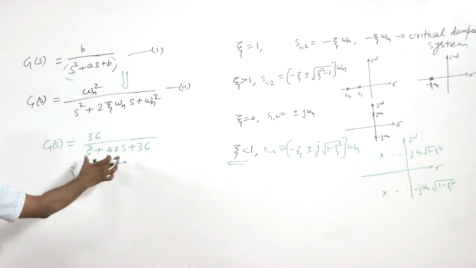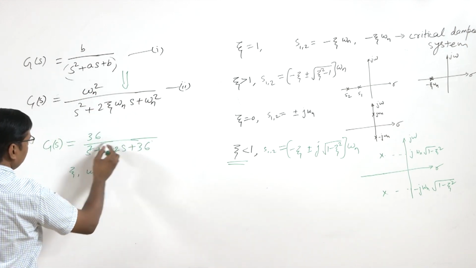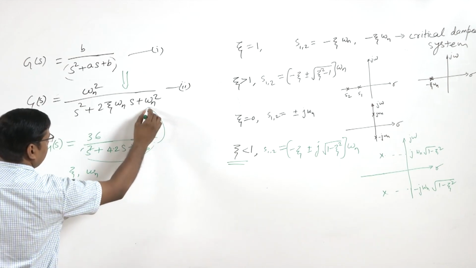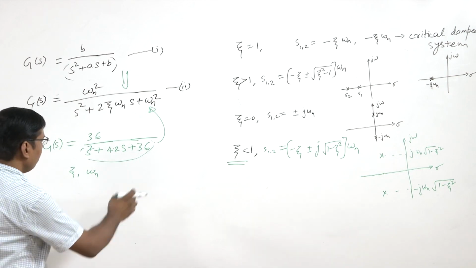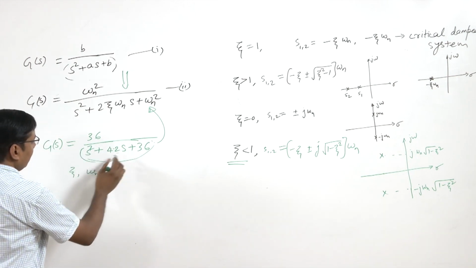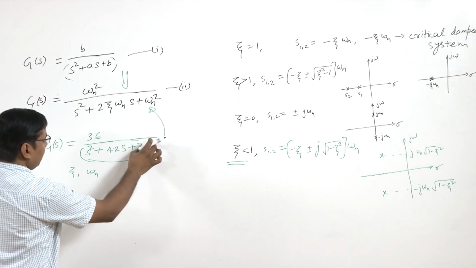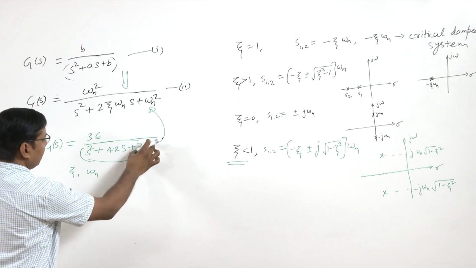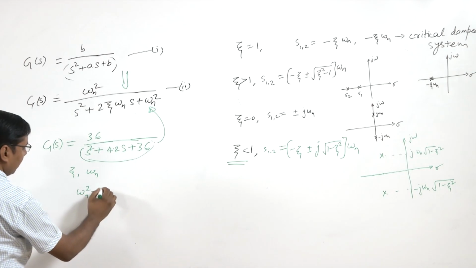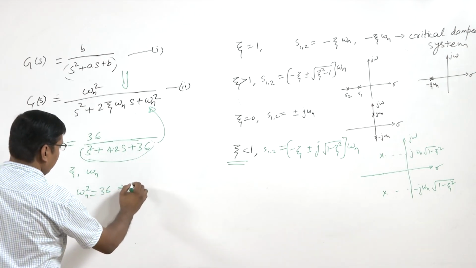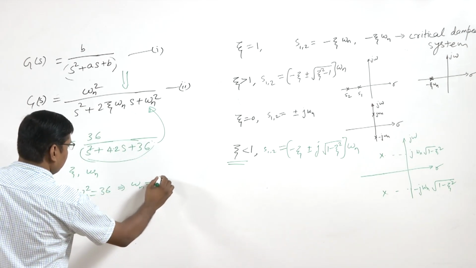We have to compare this part with this part and we will find the damping and natural frequency. Here 36 equals omega n square. So omega n square equals 36, which implies that omega n is 6.